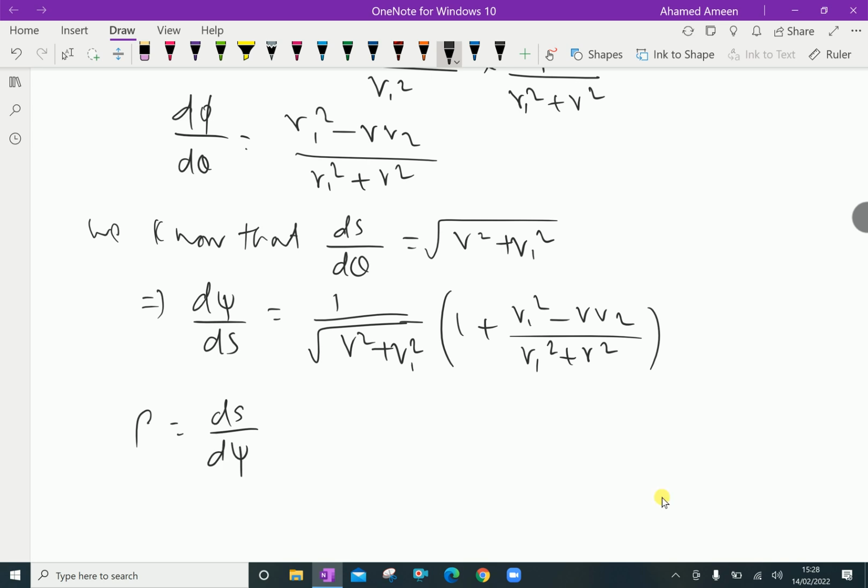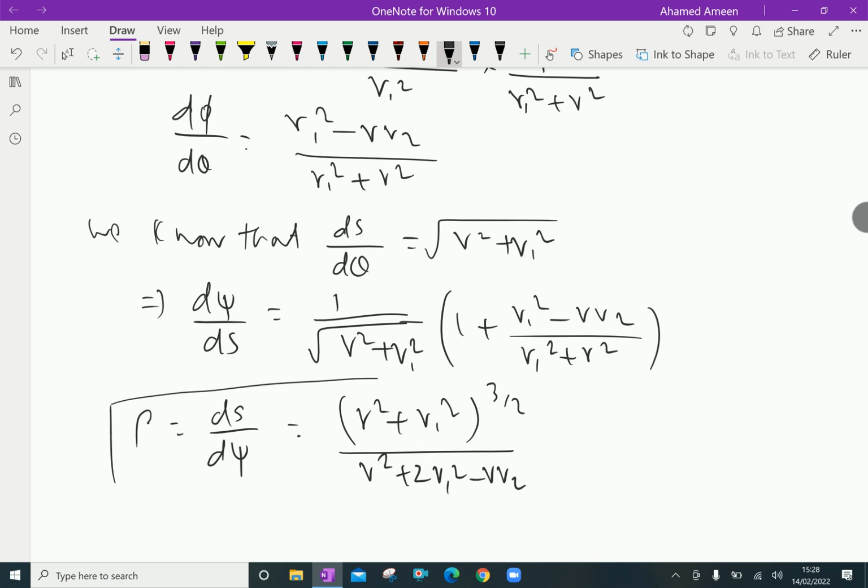The reciprocal gives, by simplification, (r squared plus r1 squared) power 3 by 2 over r squared plus 2 r1 squared minus r r2.